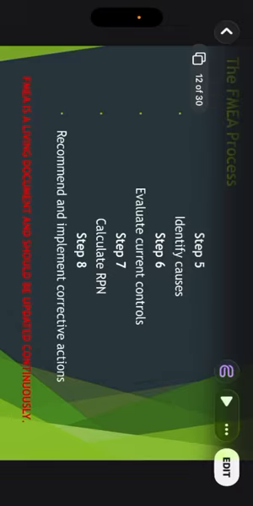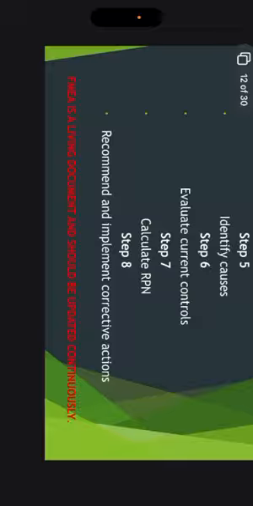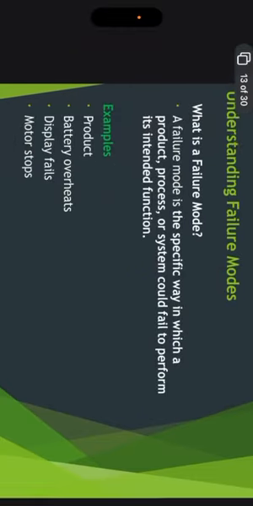Failure mode is a living document, and should be updated continuously because science itself is verisimilitude. What that means is that what is correct today might need to be updated tomorrow. So it's a living document, and there must be adjustment in the processes at all times.